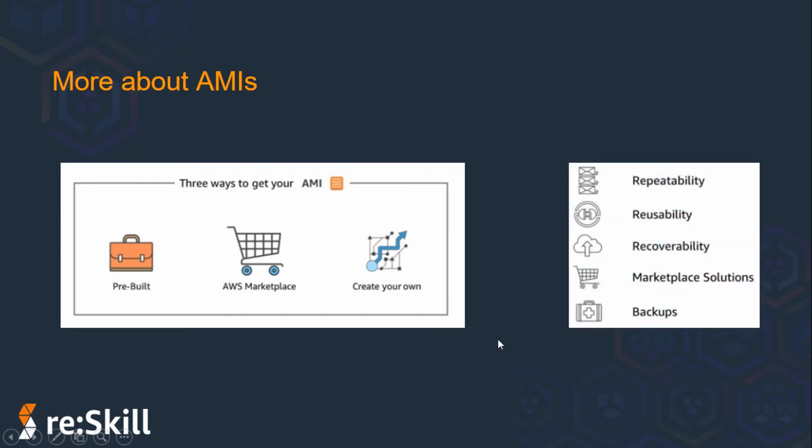And a few features of the AMIs: it provides you repeatability because instances that are launched from the same AMI are exact replicas of one another. Let's say you create 5 instances from the same AMI, so those 5 instances will be having similar configurations altogether. And reusability, you can use the same AMI to launch multiple instances.